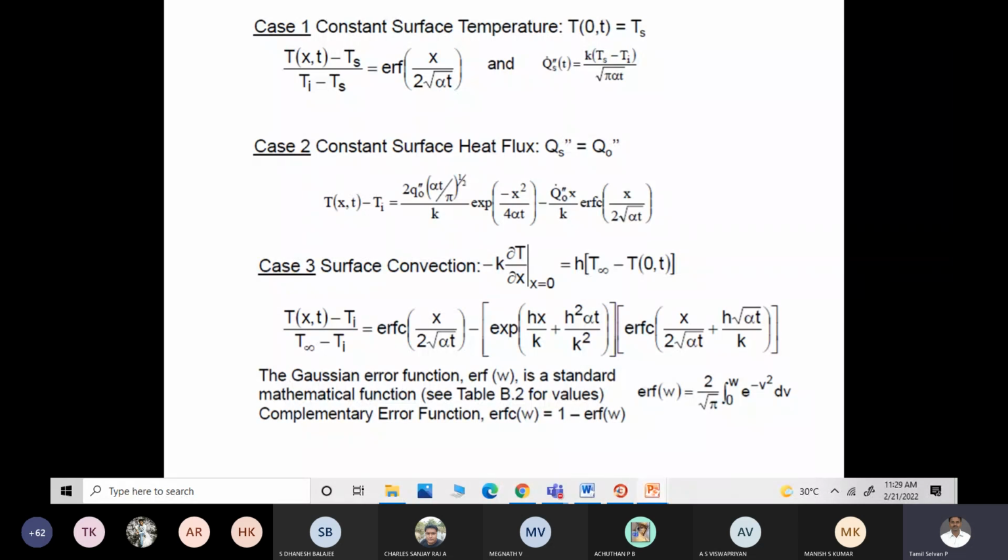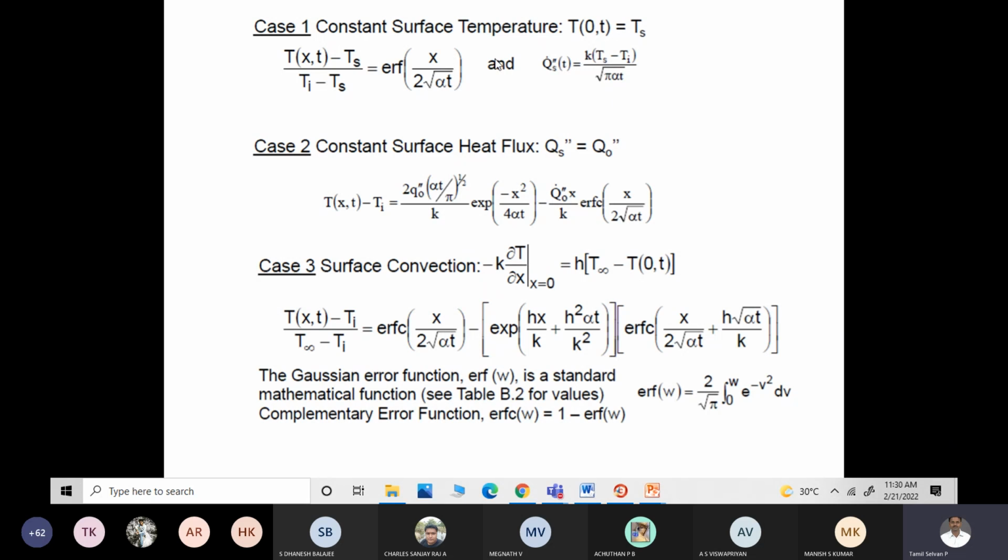For example, if you have a solid of thickness 5 or 10 centimeter, what is the temperature at a depth of 2 centimeter? That depth is x, equal to 2 or 3 centimeter after some time t. Ti is the initial temperature, alpha is the thermal diffusivity of the solid, t is the time taken, and x is the depth or distance.